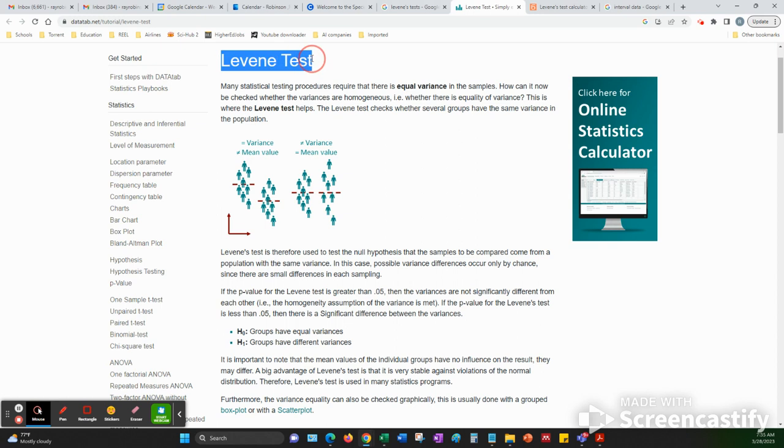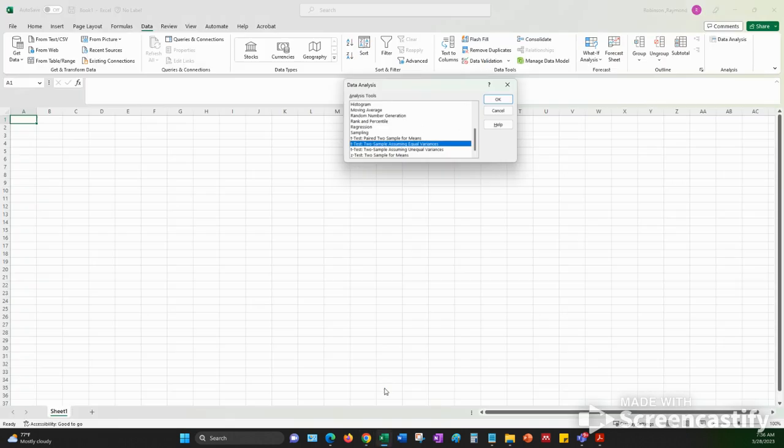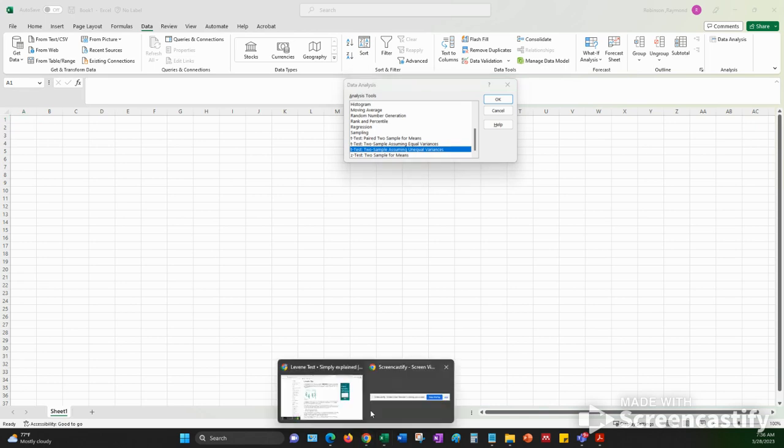So this Levene's test will actually test for equal variances. So you can go back now and take your two data sets, and you can add this Levene's test before you actually do the t-test. And then it will allow you to justify using equal variances or unequal variances.